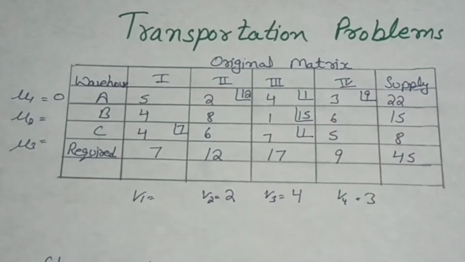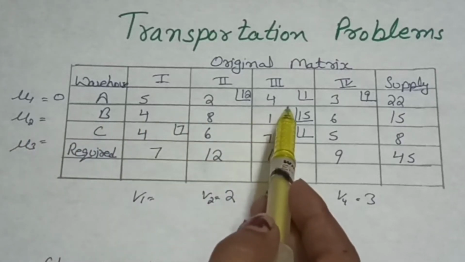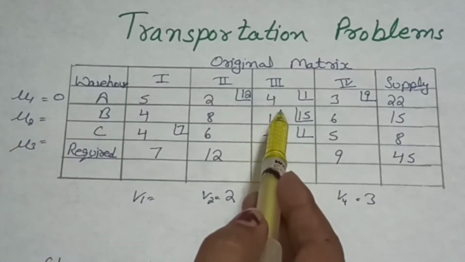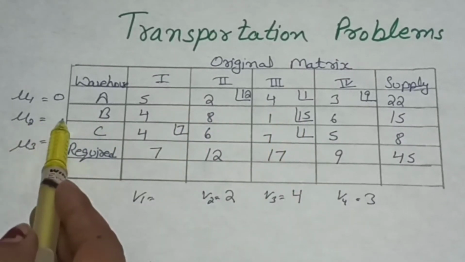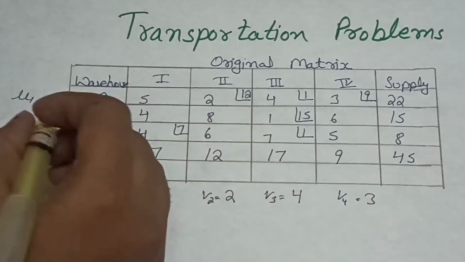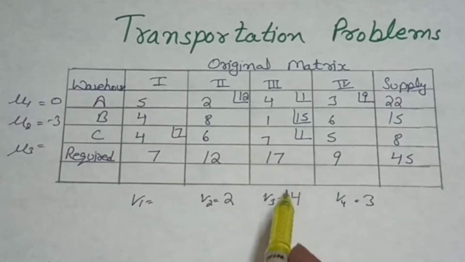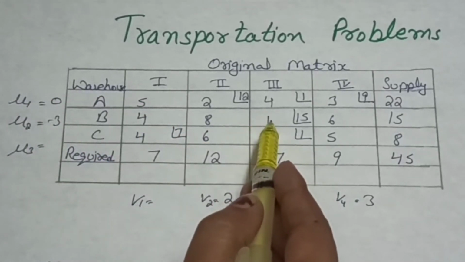Now we have to calculate the value of u2. u2 plus v3 is equal to this cell, meaning u2 plus v3 is equal to 1. So u2 is equal to minus 3, because minus 3 plus 4 is equal to 1.